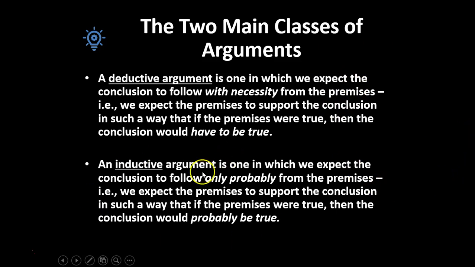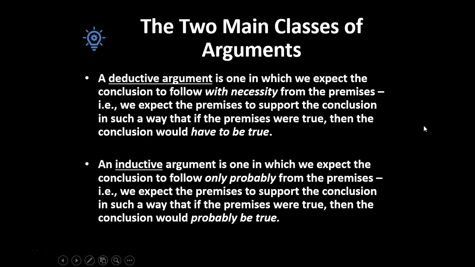Very often, inductive arguments are thought of as good reasons arguments. Like you got a conclusion you want to convince somebody of, and you provide them with a series of reasons why it's rational to accept that conclusion. Whereas up here, you got a conclusion you want to convince somebody of, and you provide them with a series of premises that guarantee that the conclusion would be true if the premises were true.